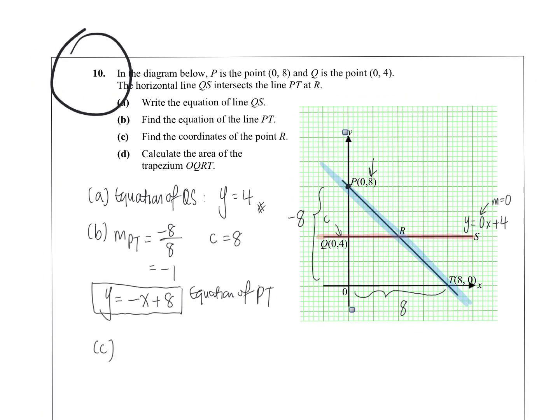Part C, find the coordinates of R. So R, being on the red line, the y coordinate must be 4. I just don't know what is the x. And R lies on the line PT. So I can always sub R into the PT.